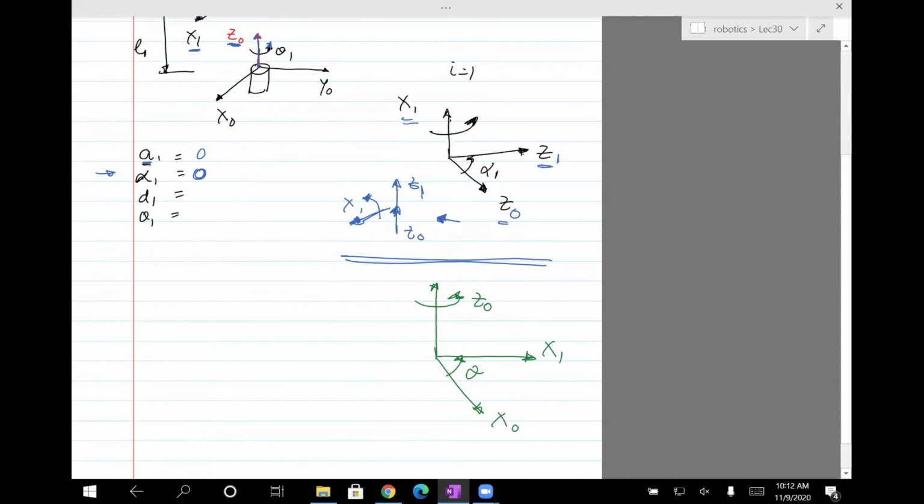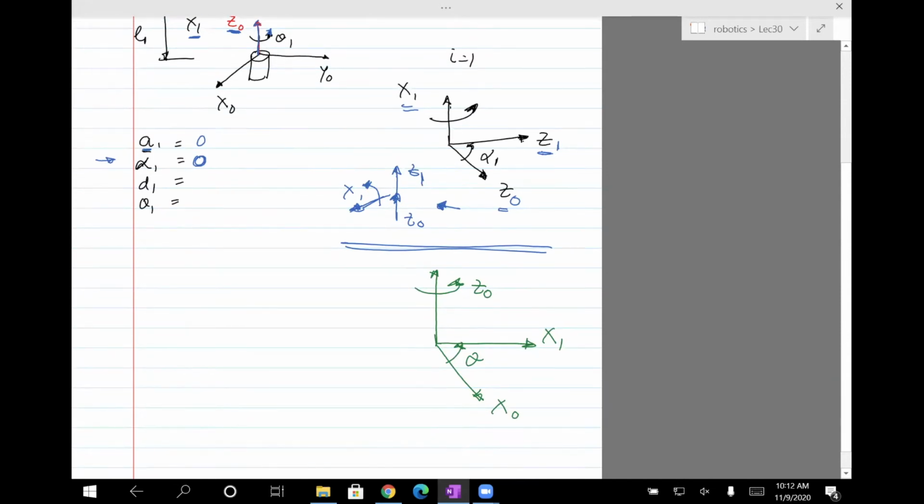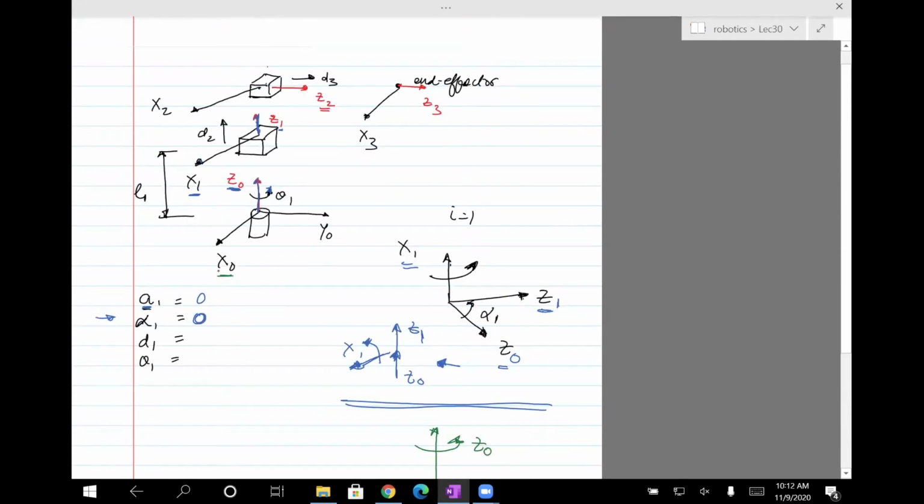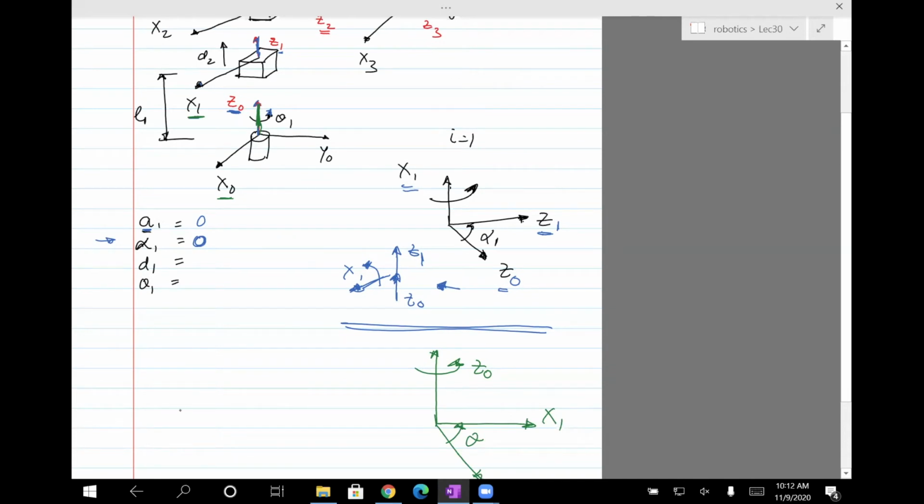For d1, I need to find the distance between x0 and x1 along z0. X0 is here, x1 is here, and we want to measure the distance along z0. The distance along z0 between these two axes, x0 and x1, is going to be L1, like it's shown here. So that is L1.